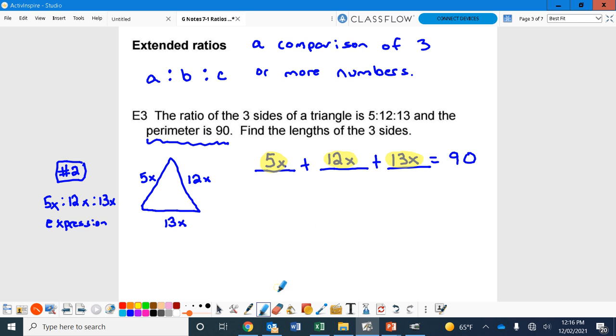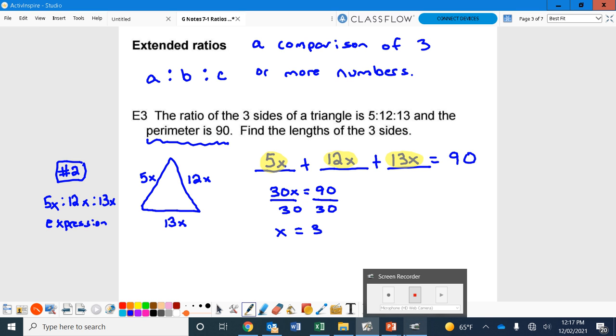What's 5x plus 12x plus 13x? It's 30x. 30x equals 90. To solve that, it's just a one-step equation. Which number are we dividing by? 30. So x equals 3.